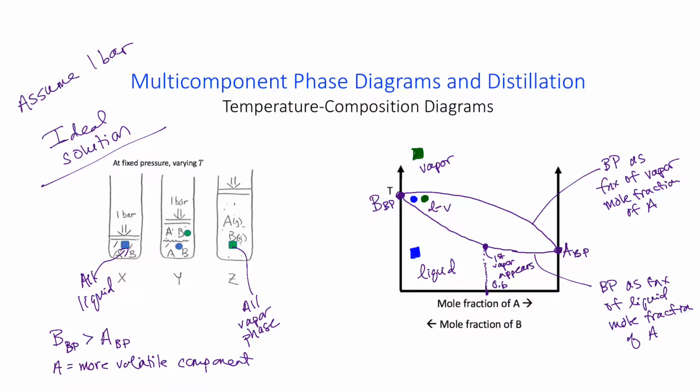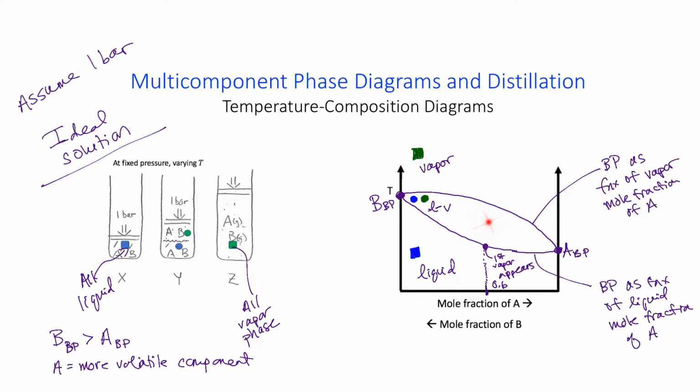Now we're entering the region where we have a mixture of vapor phase A and B and a liquid phase A and B. We can continue to heat beyond this point, again staying at constant composition for a mixture. As we continue to heat past that point, we're now in the liquid vapor equilibrium region.